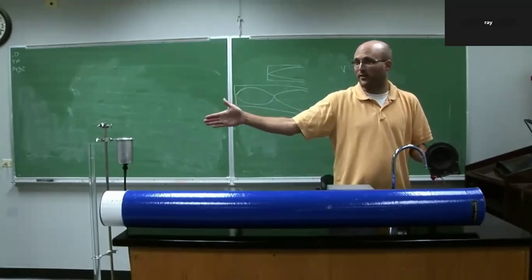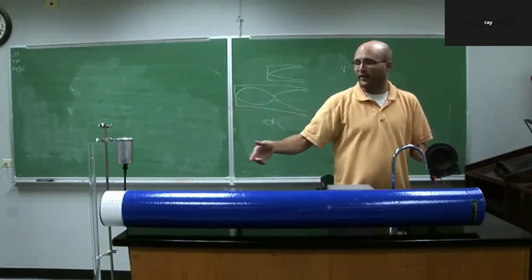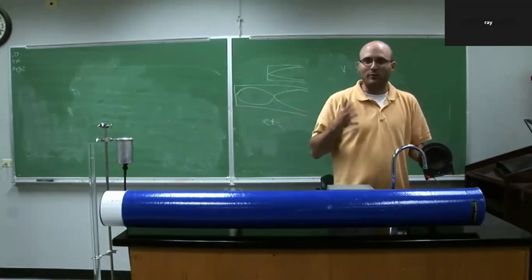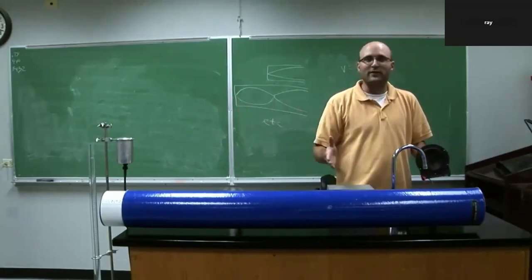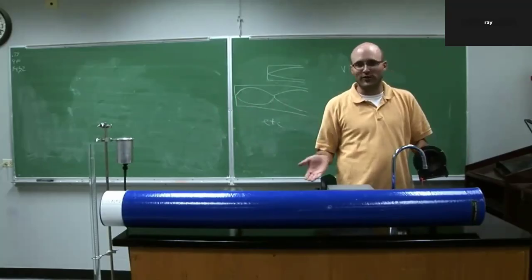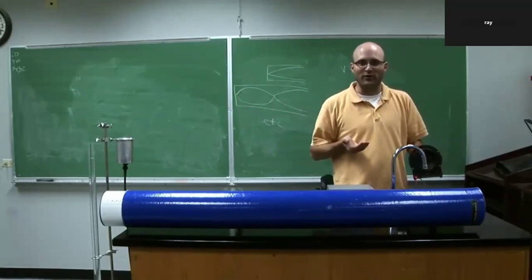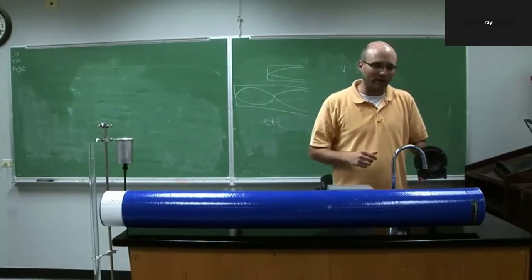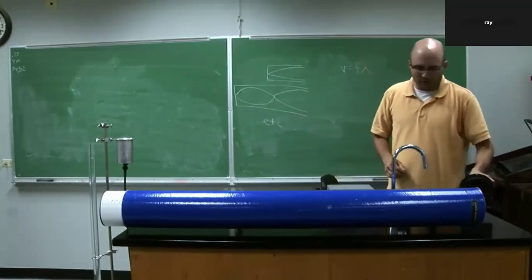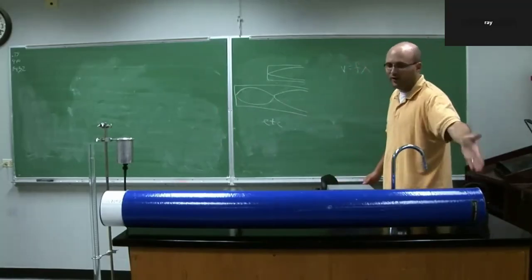I'm going to do the exact same thing I did with the water tube over here. I'm going to adjust the length of the tube, and there will be certain spots where, if the tube is just the right length, you get constructive and destructive interference just the way you're supposed to, and a standing wave of maximum amplitude is set up. And we'll be able to hear that. So I don't really care how long this tube is.